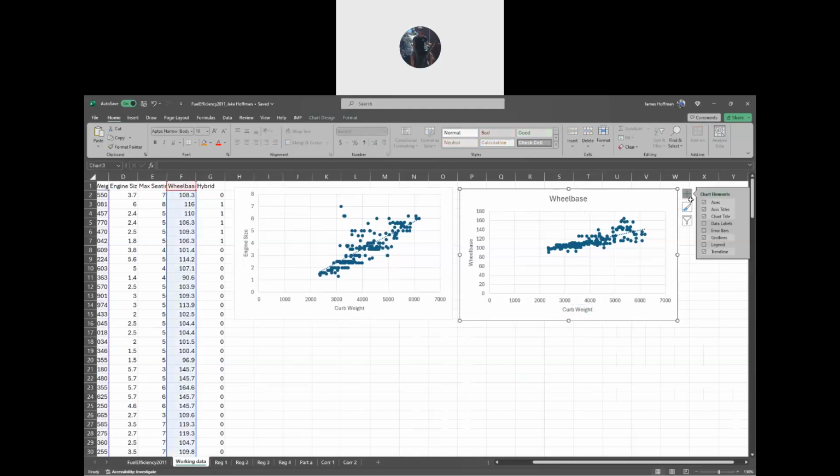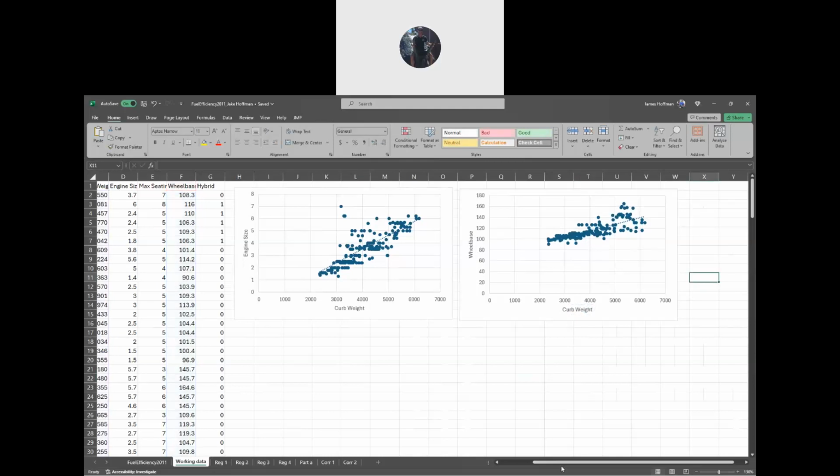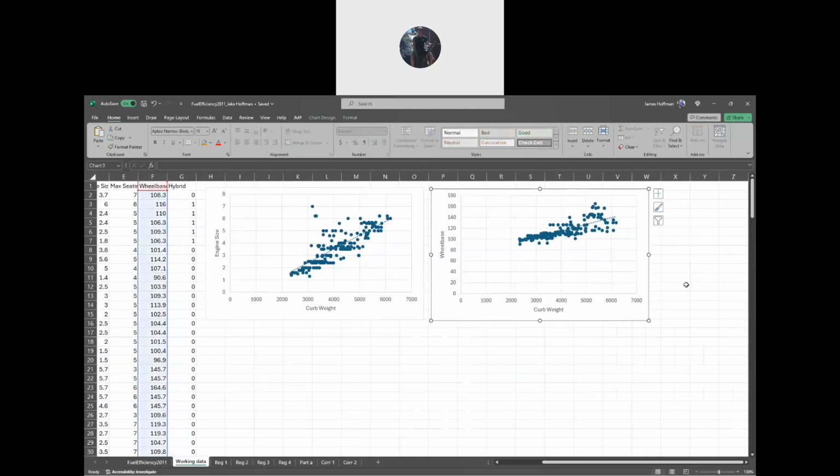Right? And then I take away the... Does it look like, or is it clear that when curb weight goes up, wheelbase goes up? It is. Okay.